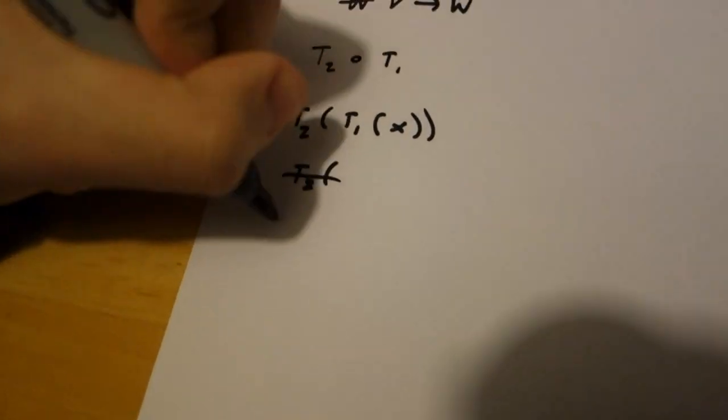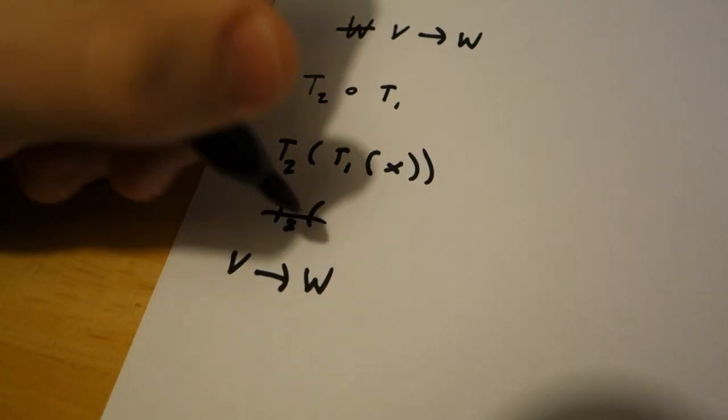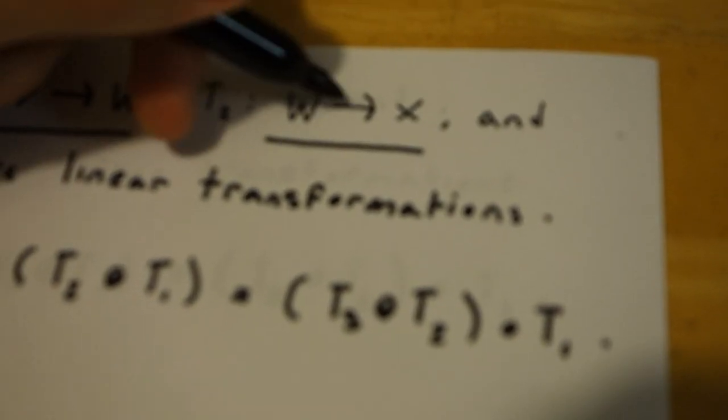And a vector in W, as you will see at the top of the page, is going to be transformed into a vector in X.